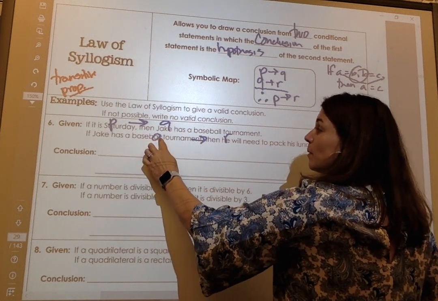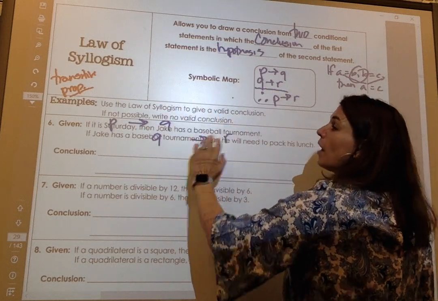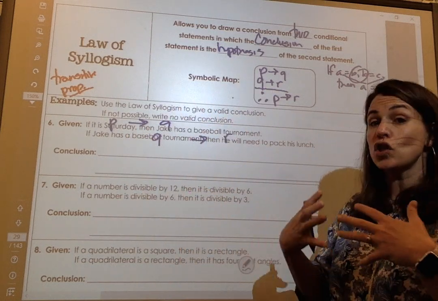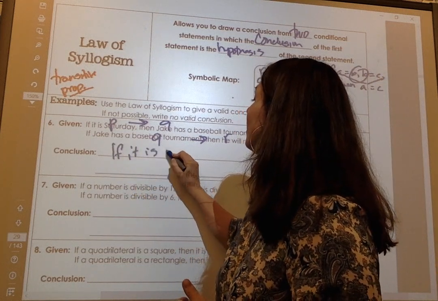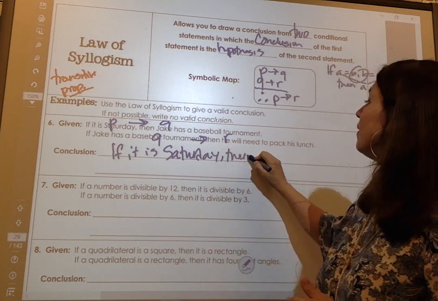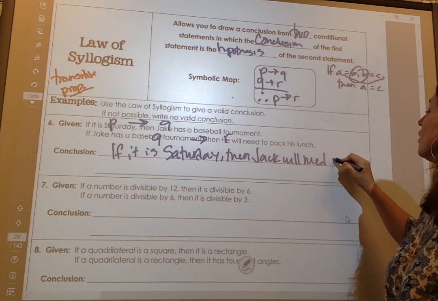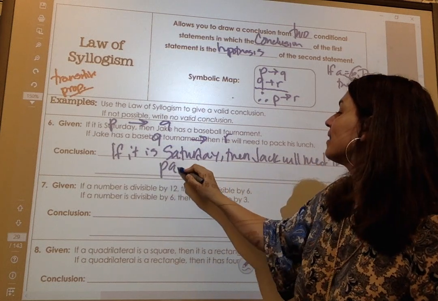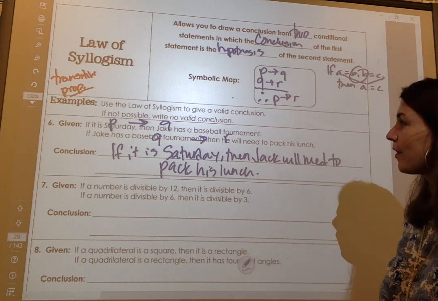So if Jake has a baseball tournament, then he will need to pack his lunch. So perfect. It follows my symbolic map, so I can draw the conclusion that if it is Saturday, then Jake will need to pack his lunch. See how that works?